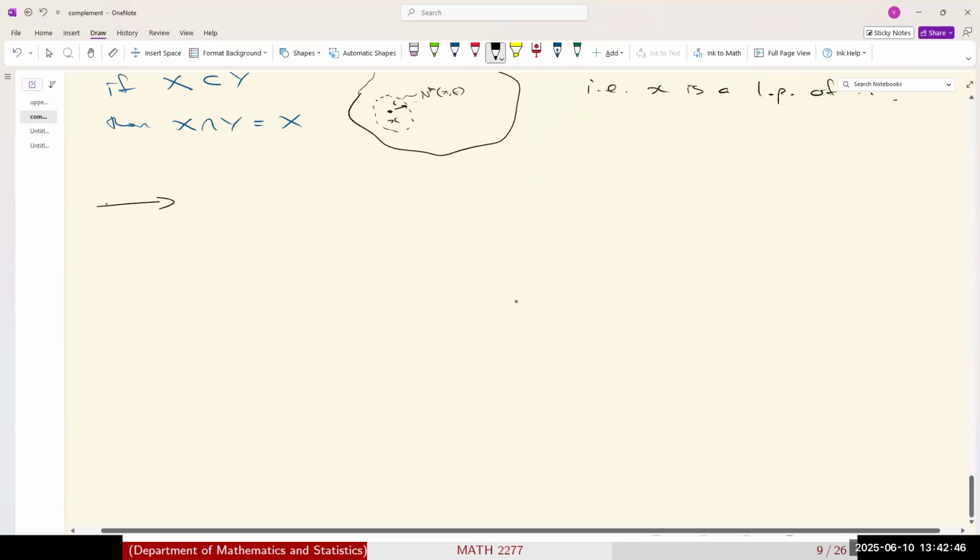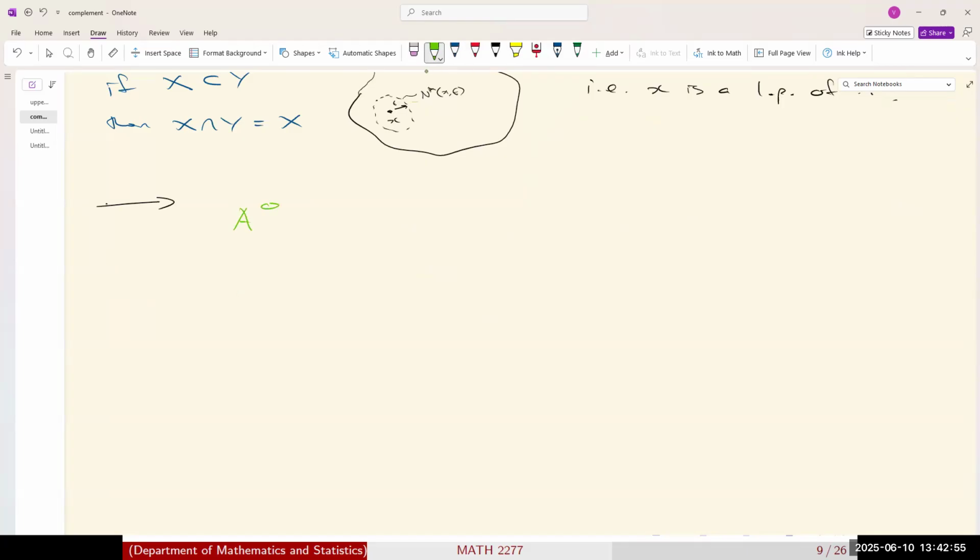So what we proved here is that the interior of a set is contained in the derived set. That is, every interior point, so all of this is taking place in R, by the way, every interior point is a limit point.